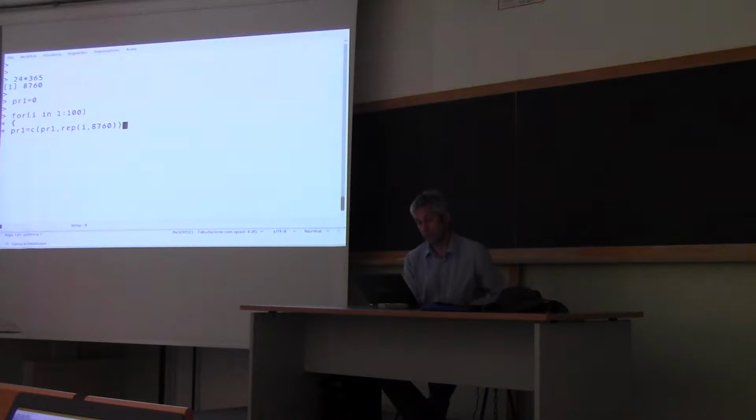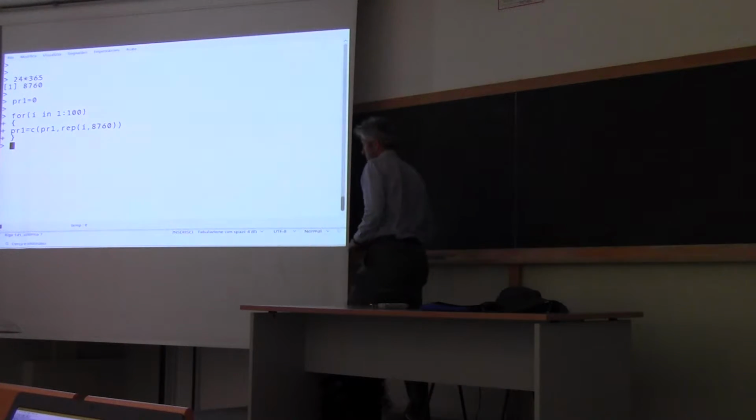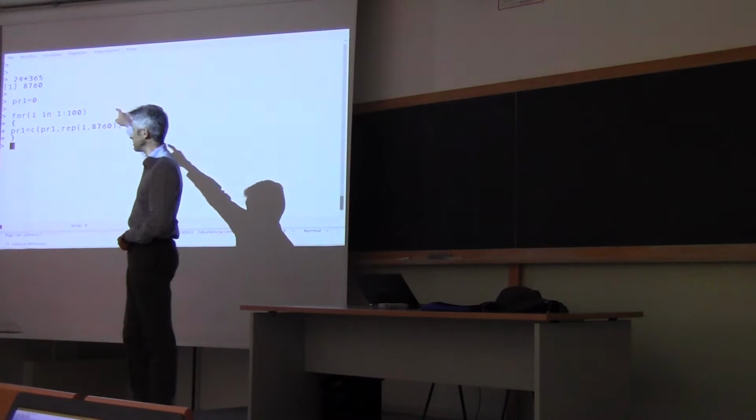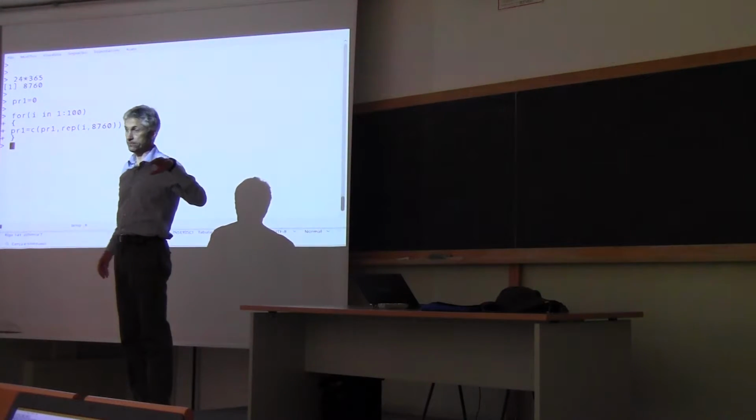Basically, what I do at each step is to extend the vector PR1 with the number i, which is varying from 1 to 100, repeated 8,760 times. I think this should work. The only problem is that I have a 0 at the beginning, which should be removed.